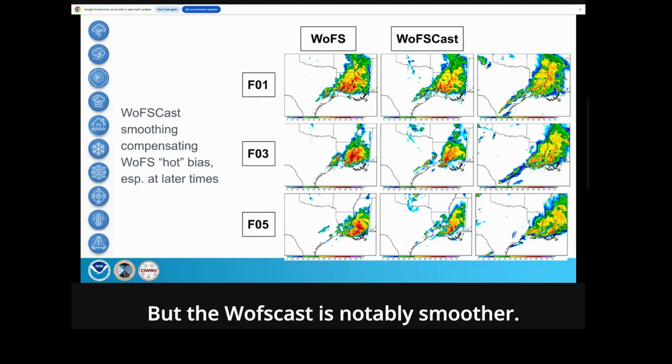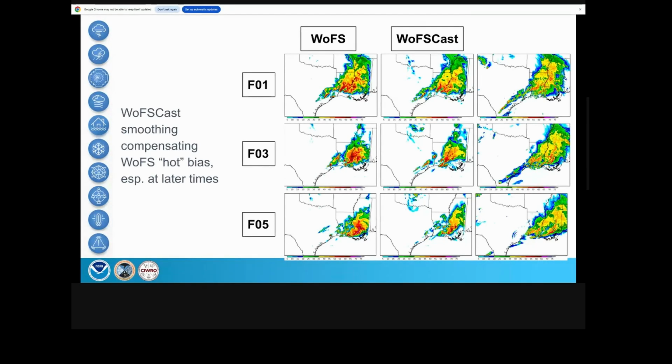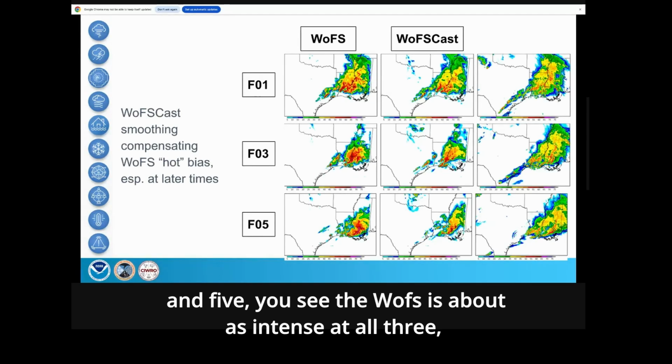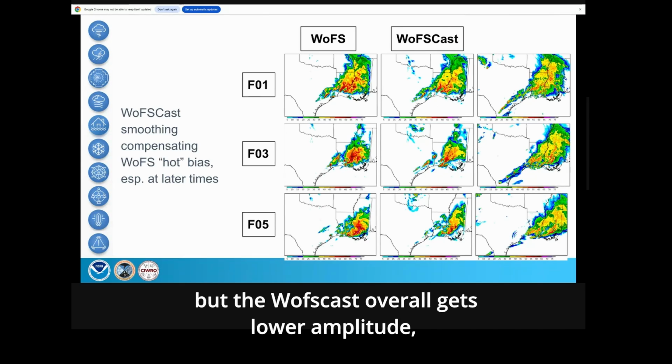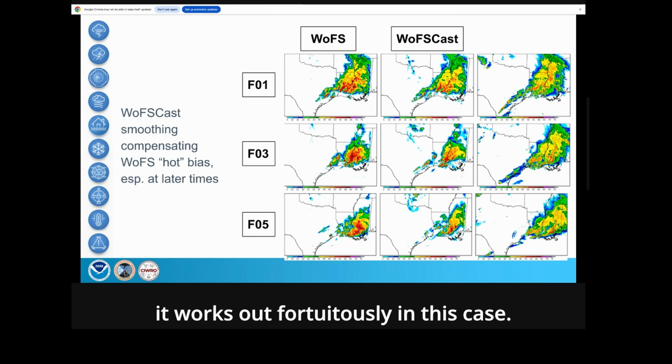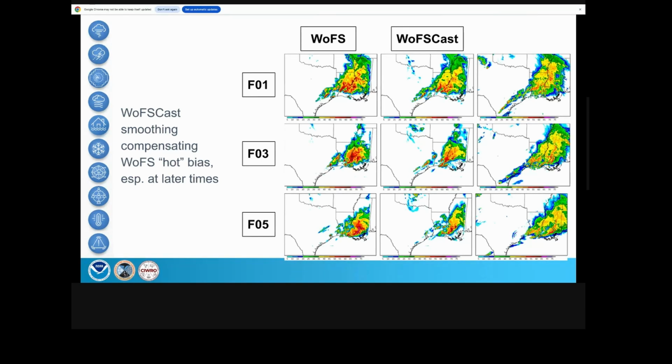But the WoFSCast is notably smoother. If you compare forecast hours 1, 3, and 5, you see the WoFS is about as intense at all 3, but the WoFSCast overall gets lower amplitude, lower reflectivities. So it works out fortuitously in this case.